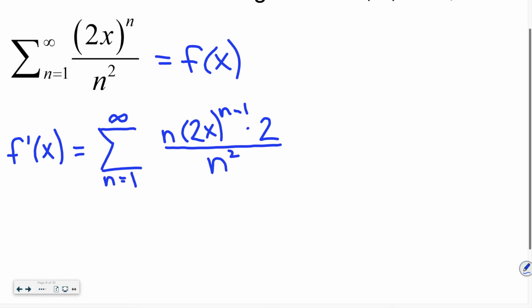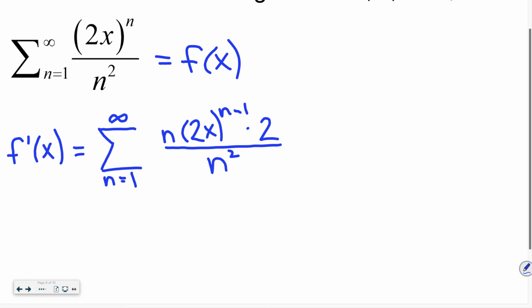However, if your original series was n equals 0, when you do the derivative, you have to adjust it to n equals 1. So in this one, we're okay. But if this were to begin at 0, we would have to change this one to 1.